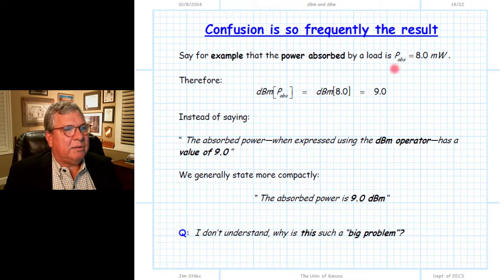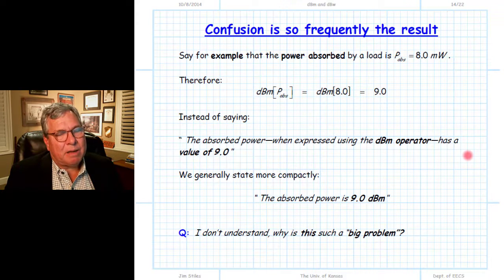For example, let's say the absorbed power of our matched load is equal to 8 milliwatts. If we apply the dBm operator to 8 milliwatts, we get a value which is 9. What we should say is the absorbed power, when expressed using the dBm operator, has a value of 9, or 9 is the value of the absorbed power when expressed with the dBm operator.